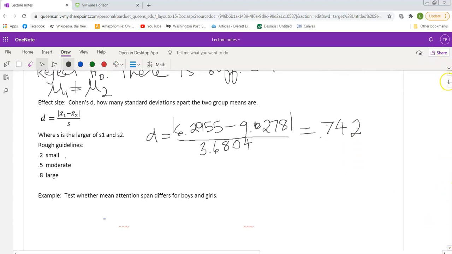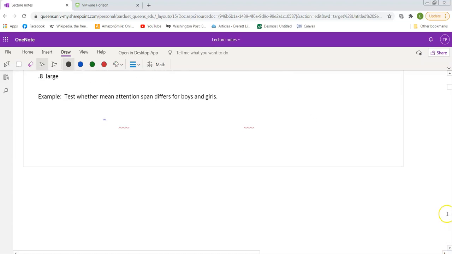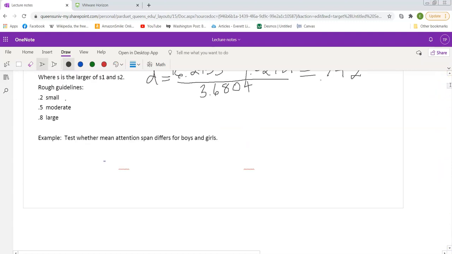Okay. So we've got all of our elements. We're going to do our write-up, and we want the same stuff as we had last time. So the same elements in our write-up. We're going to need to tell what we did.